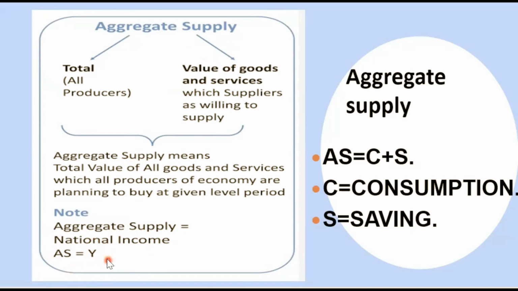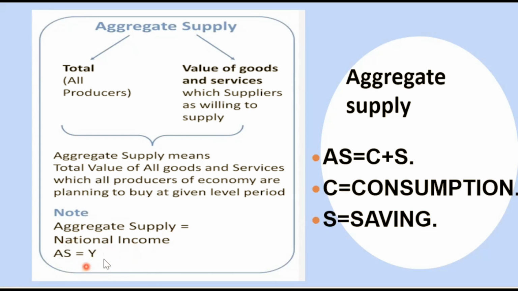Because during the production process, the producers use factors of production and in return they make factor payments, and this factor payment is known as the income of an economy, isn't it? That is national income. That is the reason why AS is equal to Y, or aggregate supply is equal to income or national income.